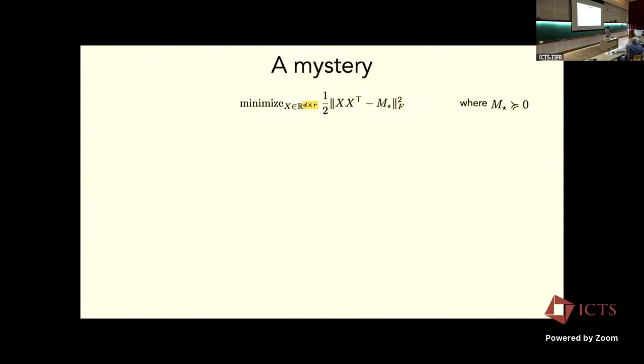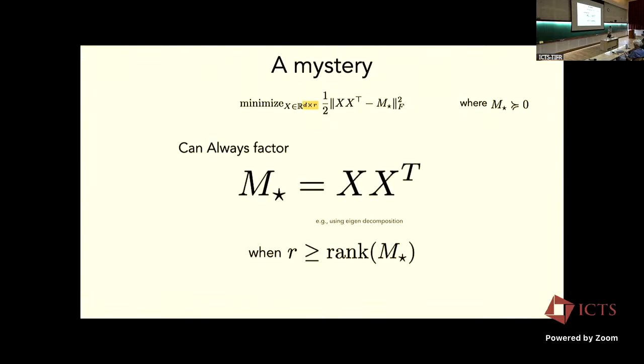So the setup is you have access to a matrix M star. It's positive semi-definite. And from linear algebra, we know that whenever you have a positive semi-definite matrix, you can take a square root of the matrix, meaning you can write it as an outer product XX transpose, where X is a matrix which is maybe tall and skinny, depending on the rank of M star.